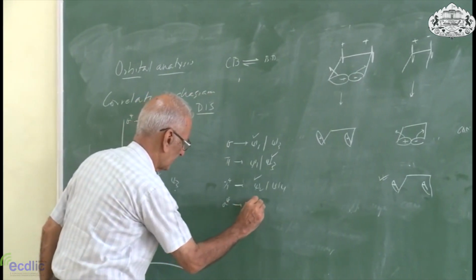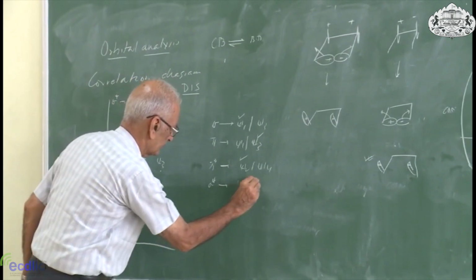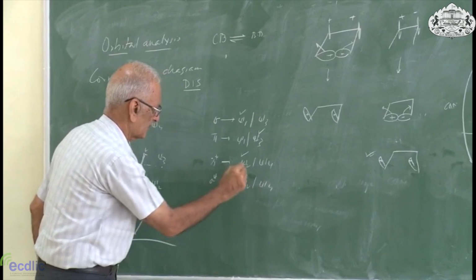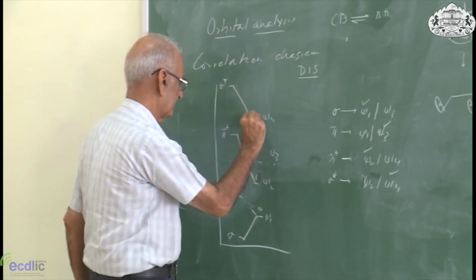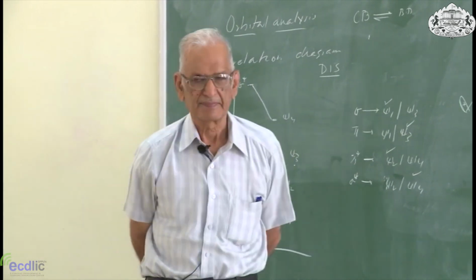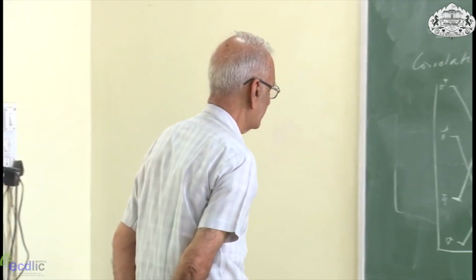Sigma star can correlate with psi 2 or psi 4. Psi 2 is occupied, so I correlate with psi 4. Okay.